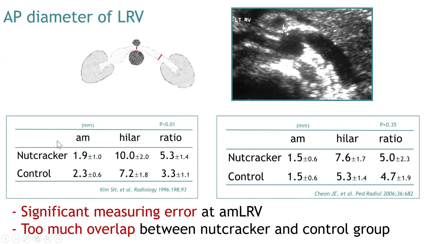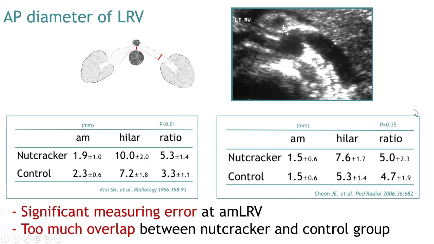Here are data from two studies, and this is a diameter of left renal vein at aortomesenteric area in millimeter, and it's not very different. And in this hilar area, and the ratio is like this one.